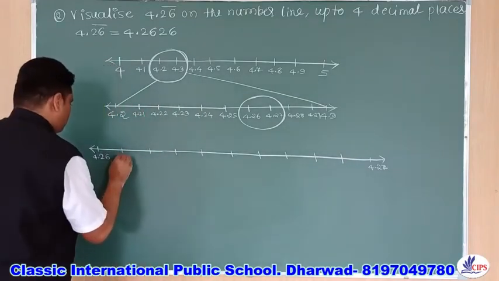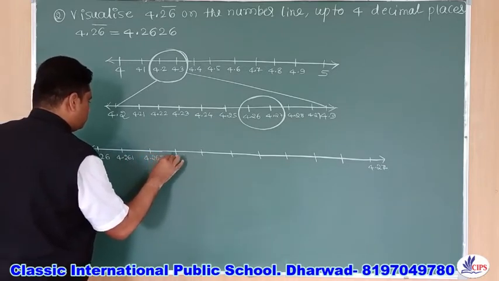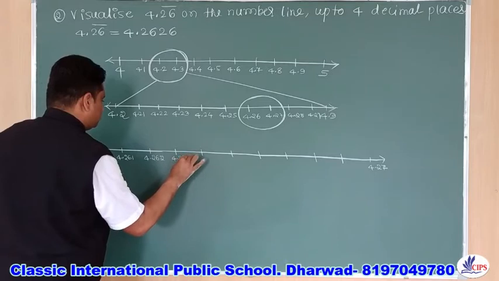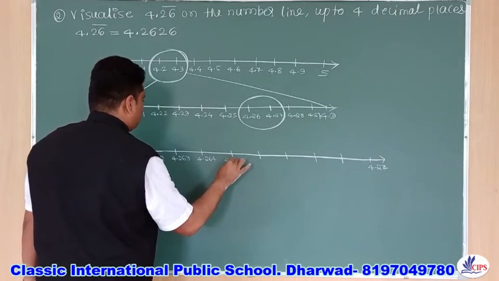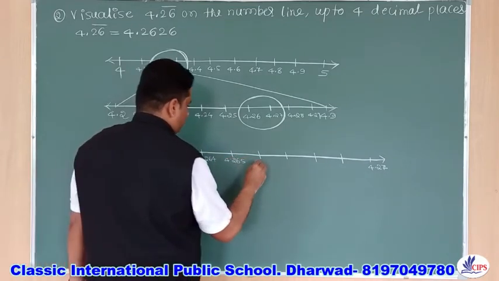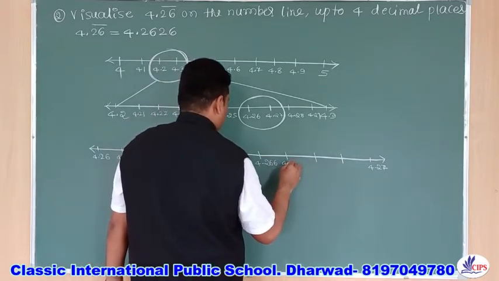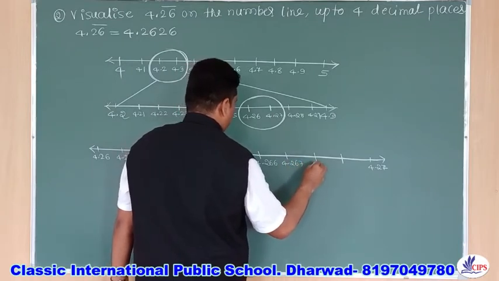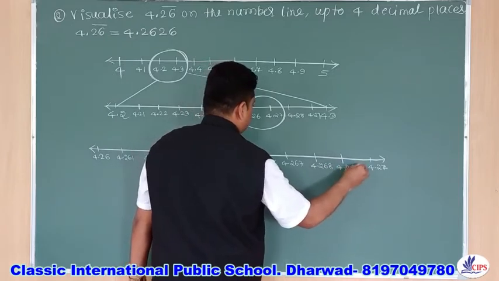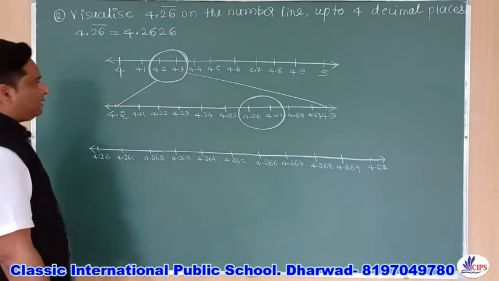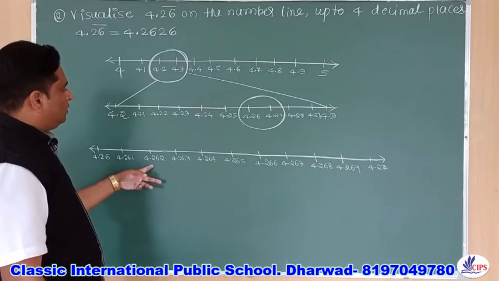Right? 4.261, 4.262, 4.263, 4.264, 4.265, 4.266, 4.267, 4.268, 4.269, 4.270. Right? 4.262, 4.262, 4.263.